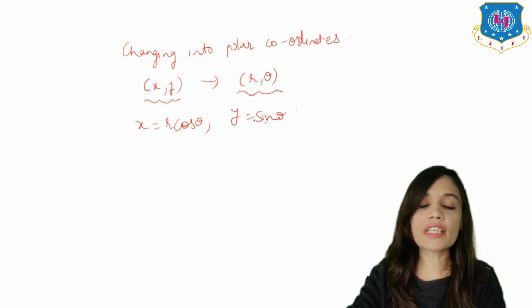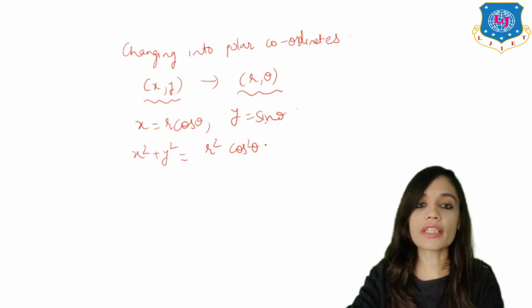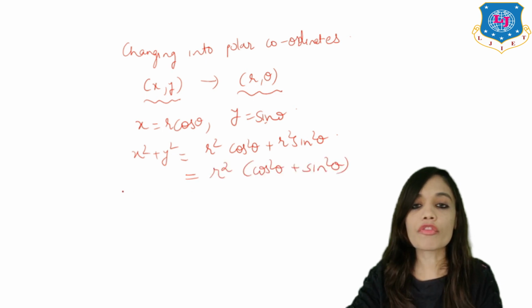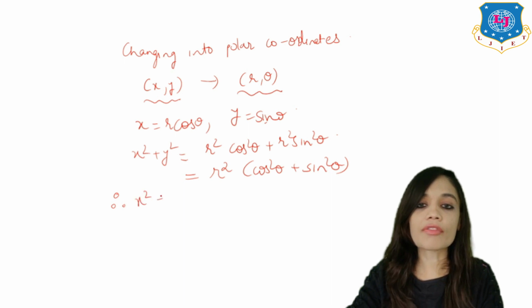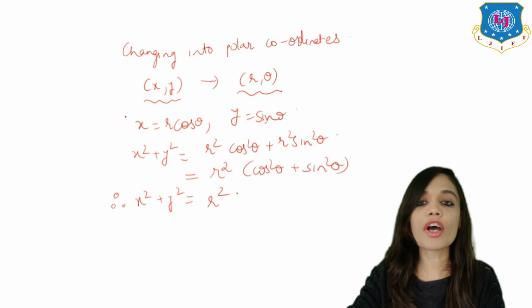So from this, x square plus y square is equal to r square cos square theta plus r square sin square theta, so finally your x square plus y square will be r square.